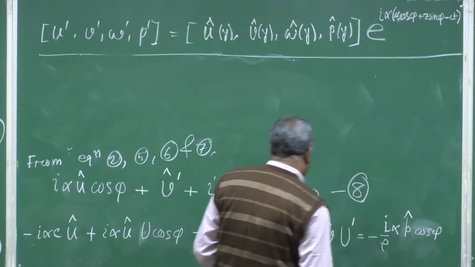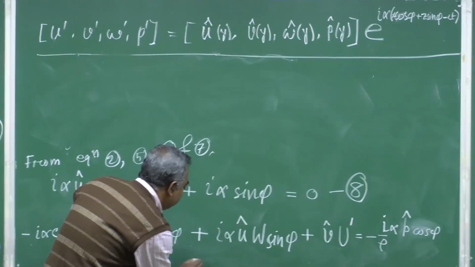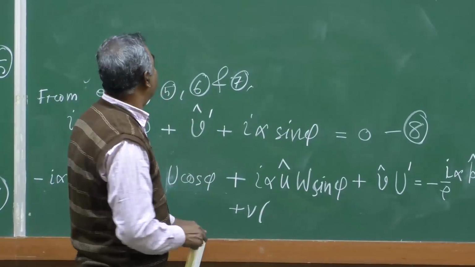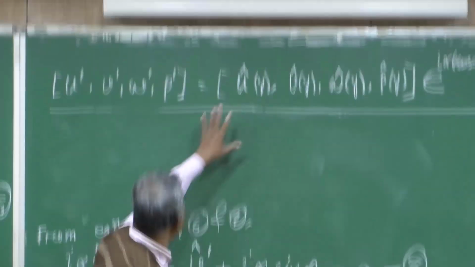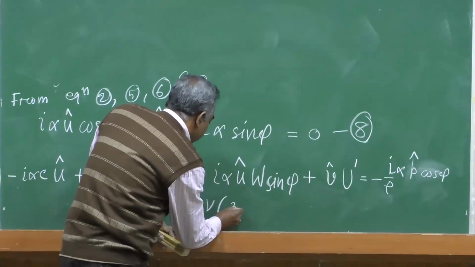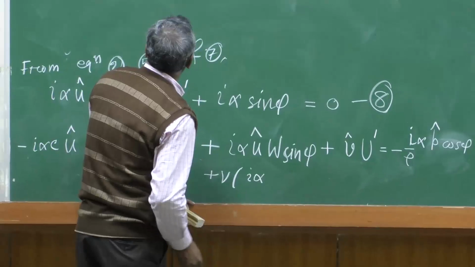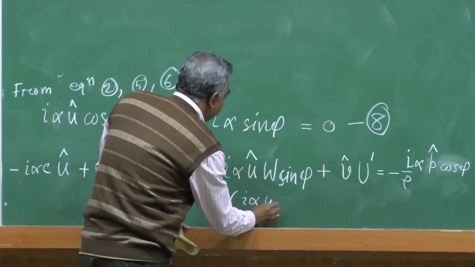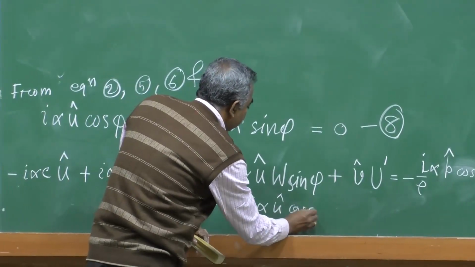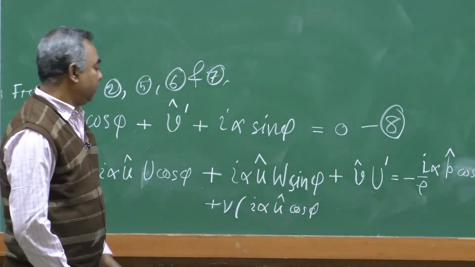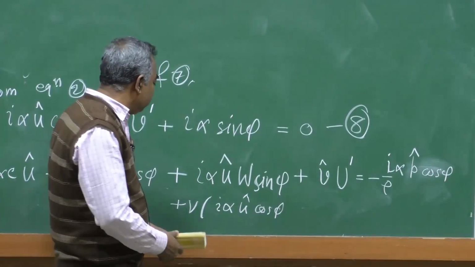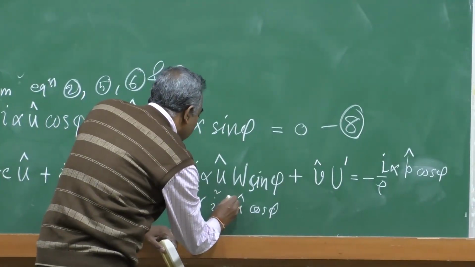So, this is the pressure term, plus you get the viscous term, which is nu into the double derivative of u prime. If you consider the single derivative of u prime, that is i alpha u hat cosine phi. That is the single derivative, and the double derivative of this term is going to be i square alpha square.